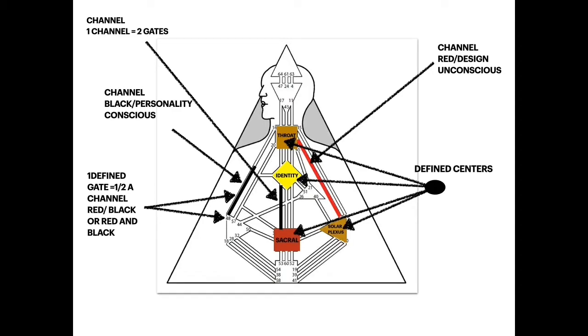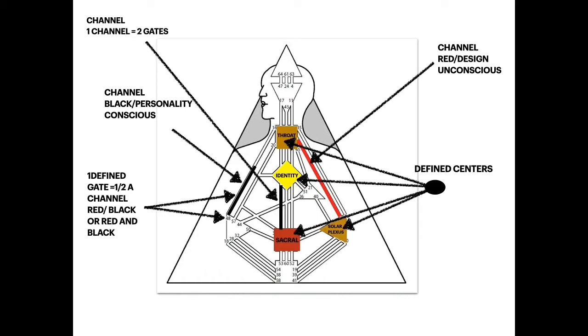And in order for you to get the energy to flow very well, you want to have a full road. So that's where we get into this whole idea of electromagnetics, connecting through the planets, connecting through other relationships. So somebody else who has that opposite gate that will make a full channel with you will help that energy to get to those two centers that would be connected.